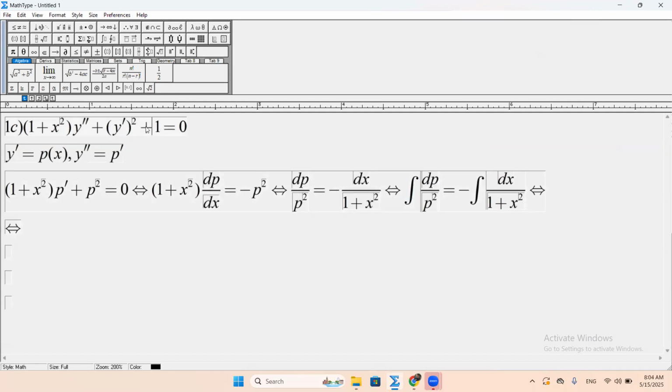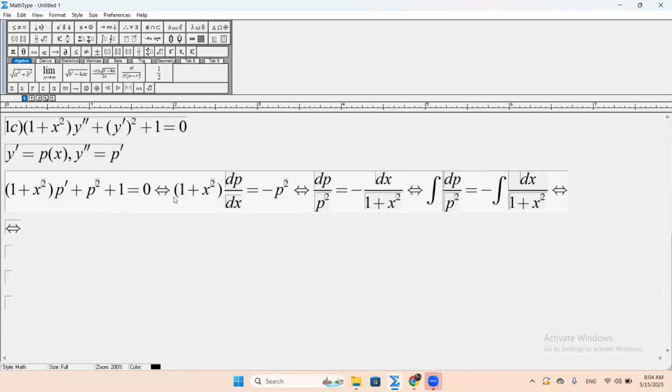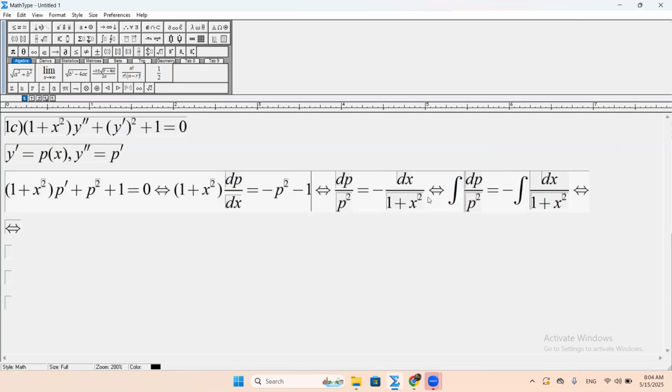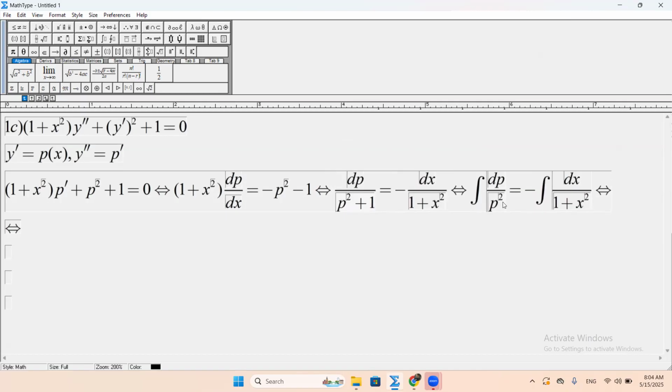Stop. I lost a 1. There was a mistake here. Then minus p squared minus 1. So I have the following expression here. Here will be p squared plus 1, and here p squared plus 1 as well. Now everything is correct.